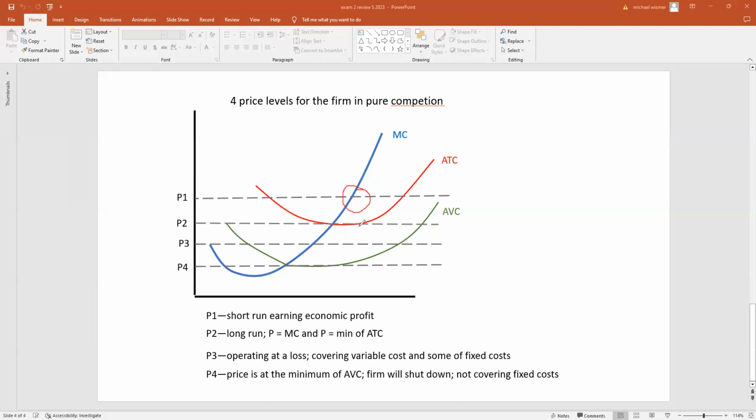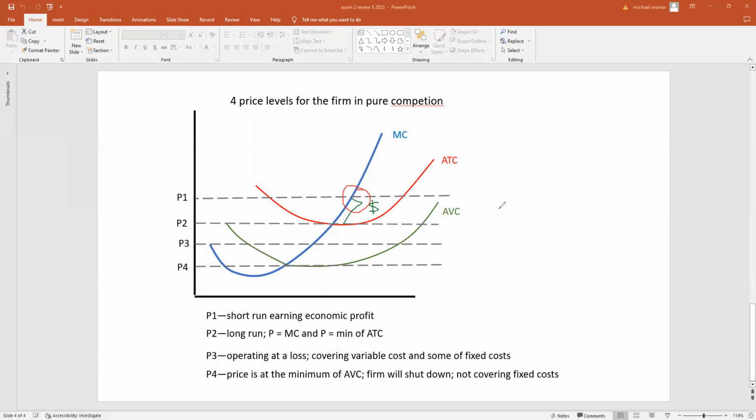And look what happens in terms of the average total cost. We see that price is above average total cost, so we know that they're earning economic profit. We know that this is a short-term situation because for pure competition, if a firm is earning economic profit, other firms are going to enter the industry, and they're going to lose some of their customers as a result.